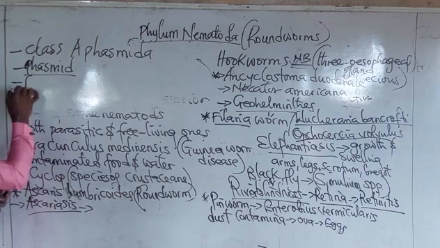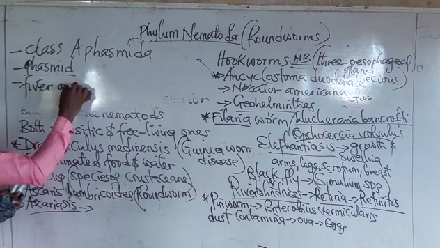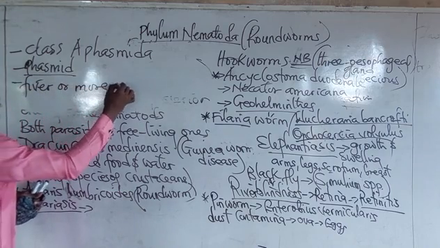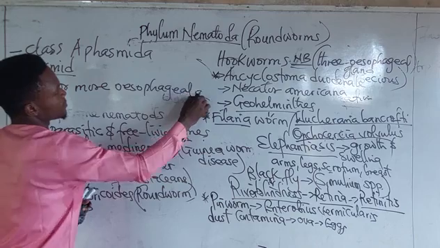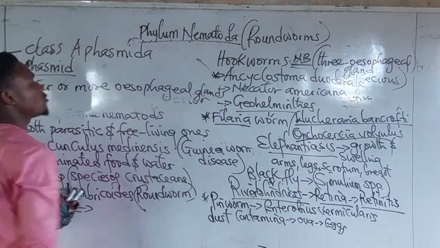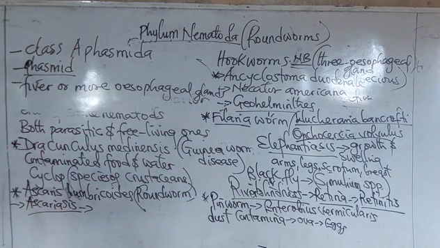Now, these organisms have 5 or more esophageal glands. Take note of that.